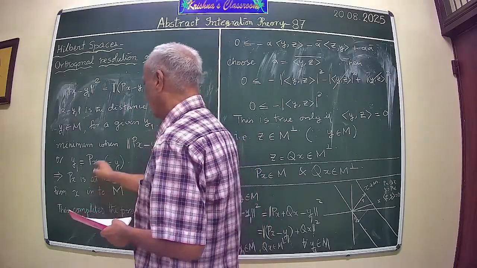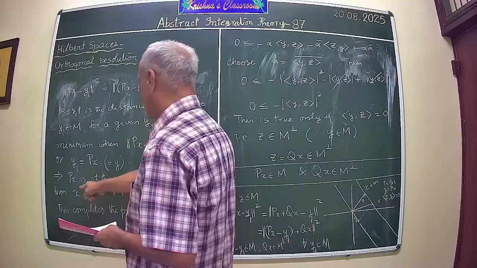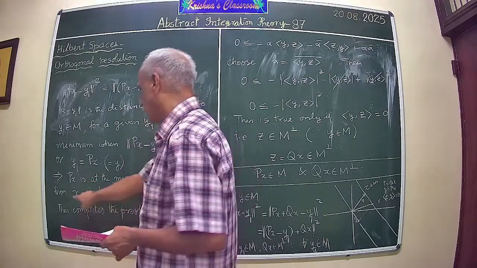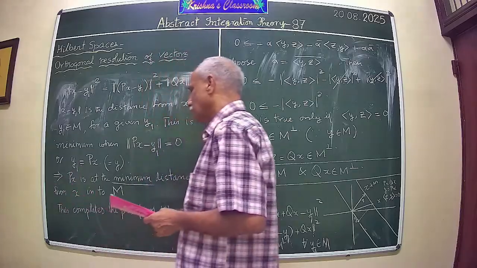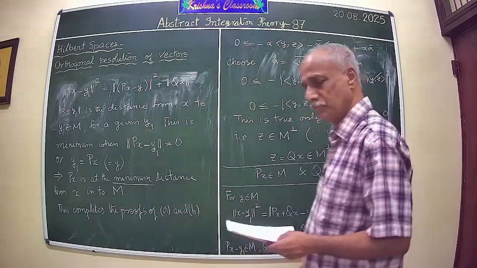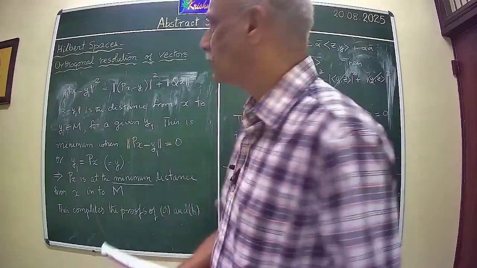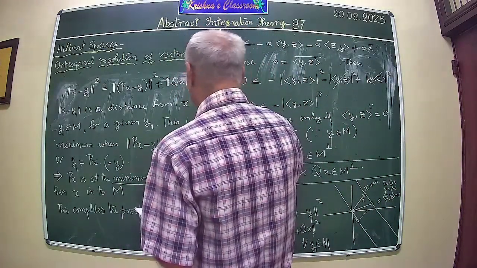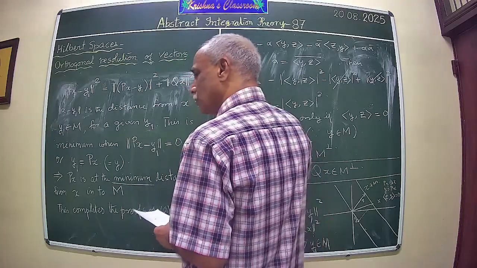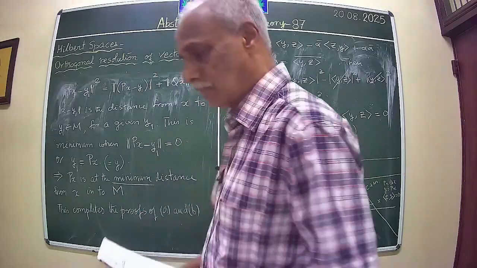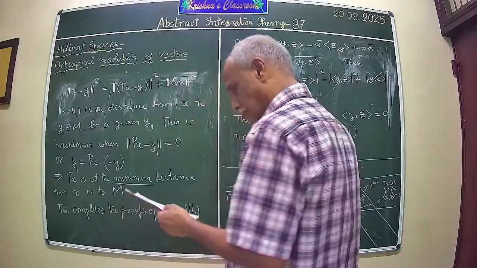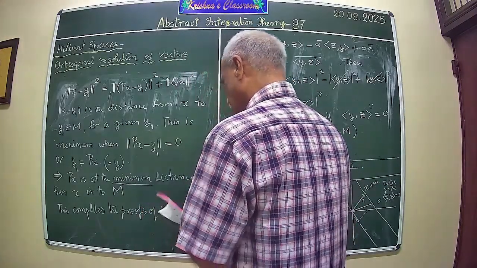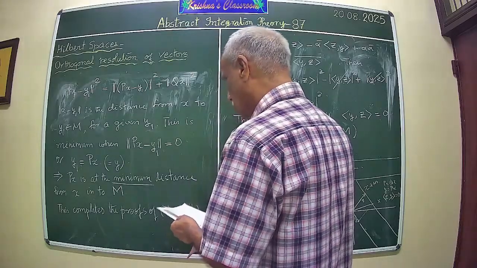So y1 is equal to Px, which implies Px is at the minimum distance from x. This completes the proof. So we have got now Qx is the minimum distance from x to M perp, Px is the minimum distance from x to M. Okay. Now we prove the following. What are the things to be?